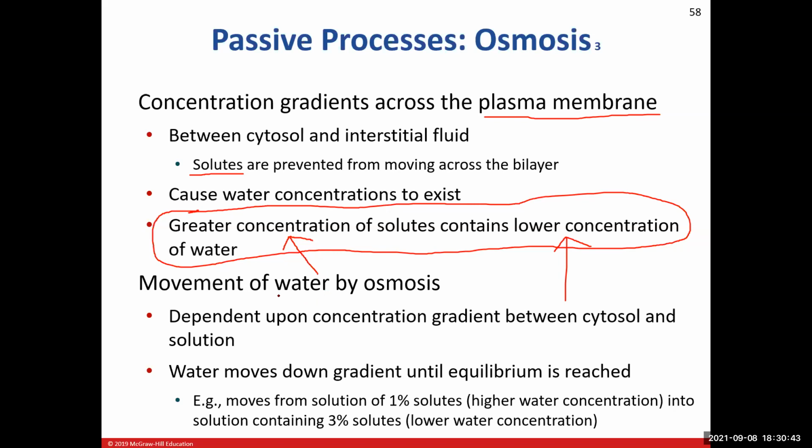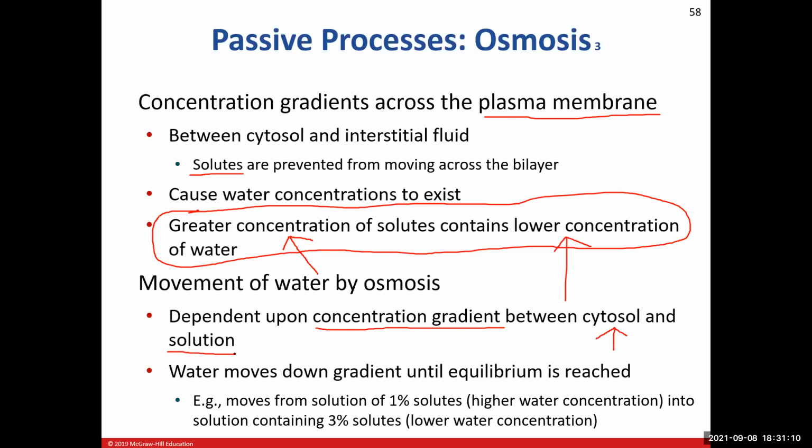Okay, so when we talk about the movement of water through osmosis, it is again dependent on the concentration gradient between what's inside the cell, the cytosol, and what's outside the cell, which will be the solution. Because if we take that cell and drop it into something, water is going to continue to move until it reaches equilibrium.